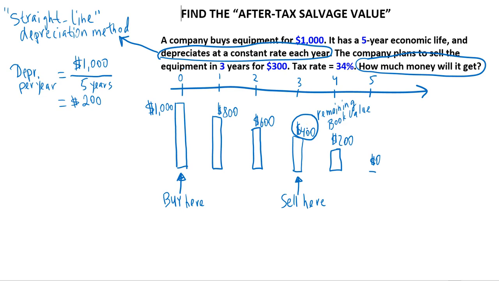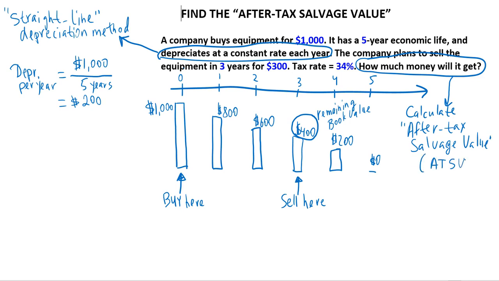So let's see how the $400 remaining book value changes how much we're going to put in our pocket after 3 years. And so what the question is asking is to calculate what is called the after-tax salvage value. So let's call it ATSV.